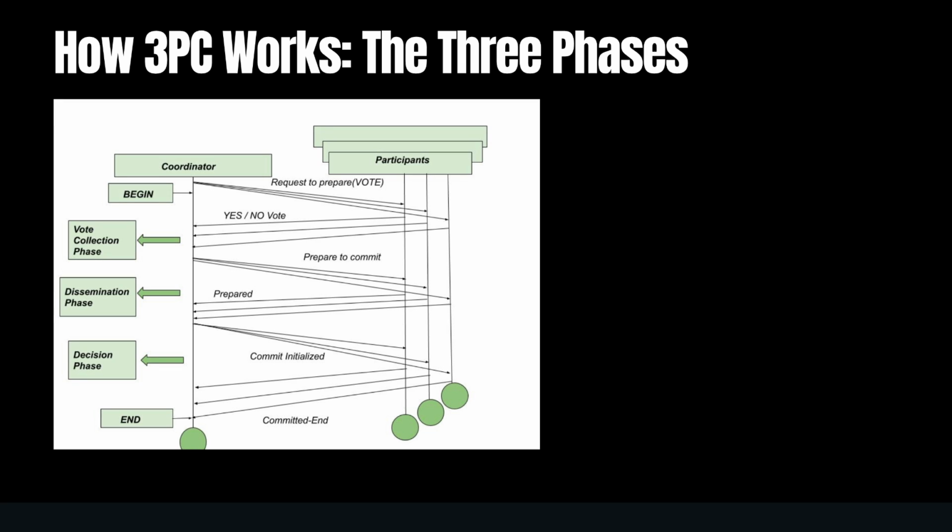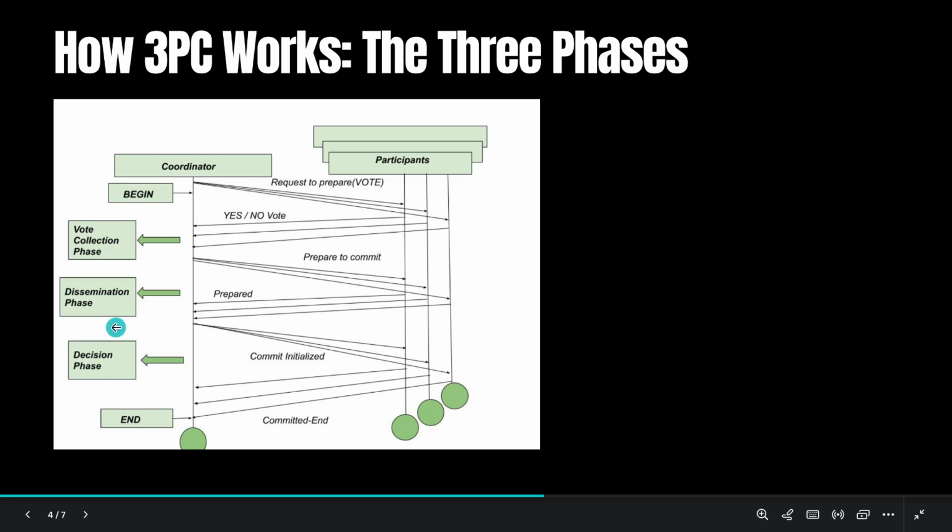This is crucial for non-blocking. So again, in the second phase, each participant receives a pre-commit and permanently logs the decision, and what is different from 2PC is that all participants know that all other participants are also ready.